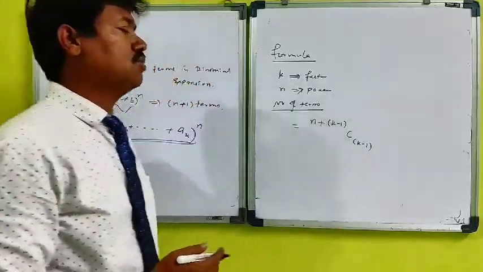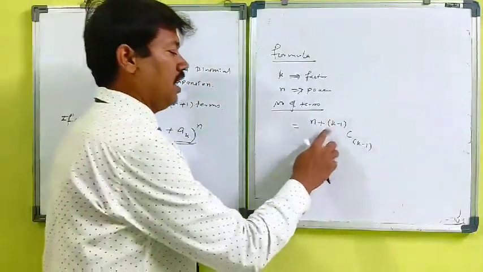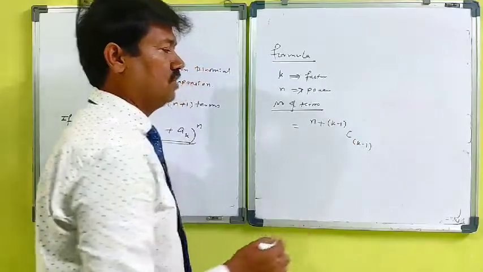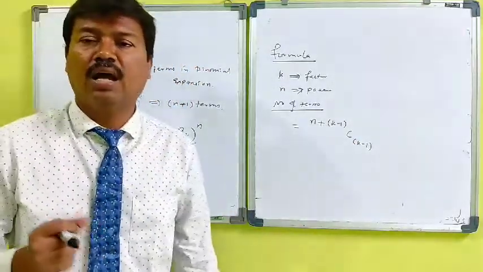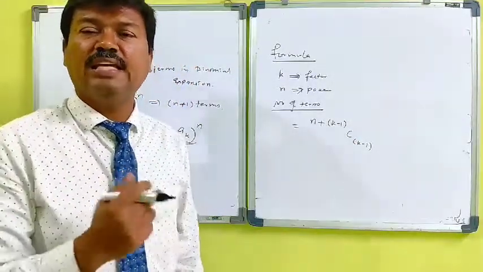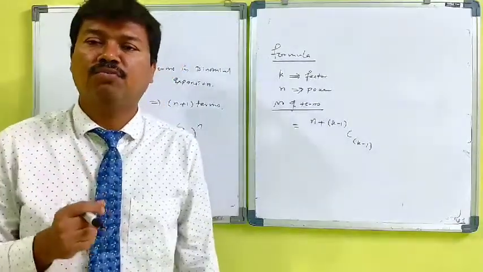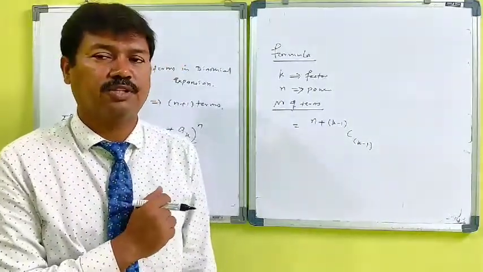You have to use this formula. That is a combination formula, and using it we can easily find the number of terms in that particular expression.